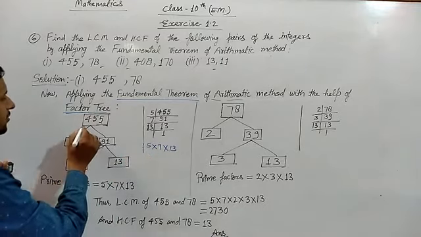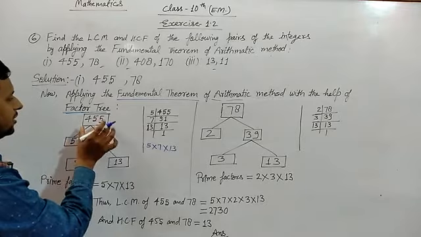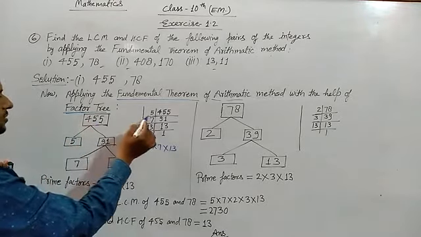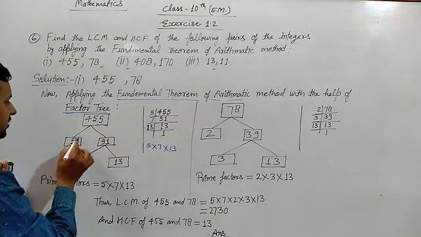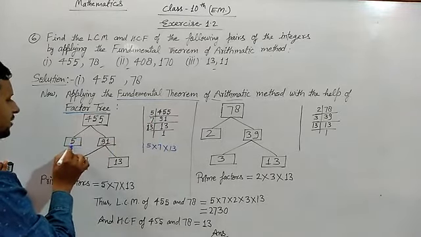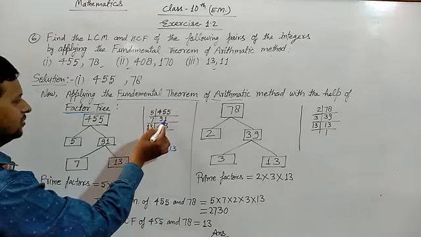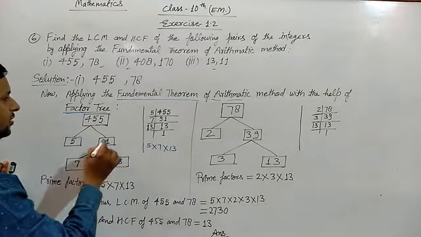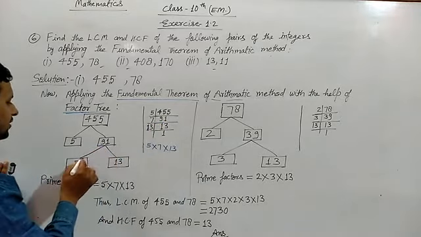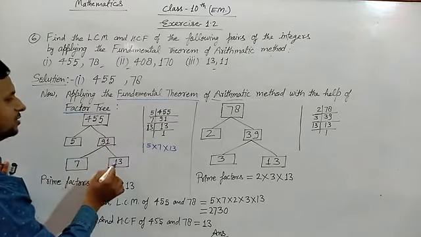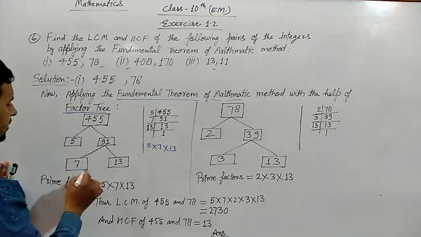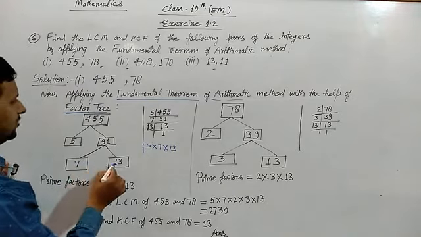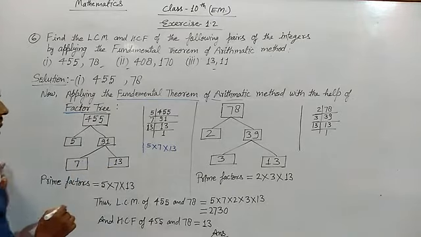See here, 455 is the number and first divisor is 5, means first factor is 5. We can write 5 and second part, means remaining part, is 91. Now we again factorize 91 in two parts, 7 and 13. Okay, so we see here that this is the last factor, means 7 and 13.